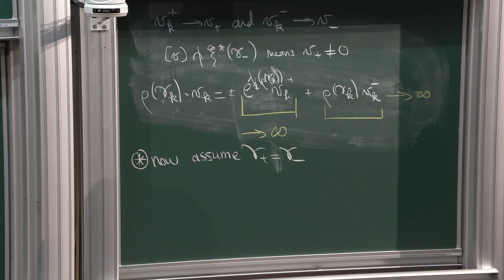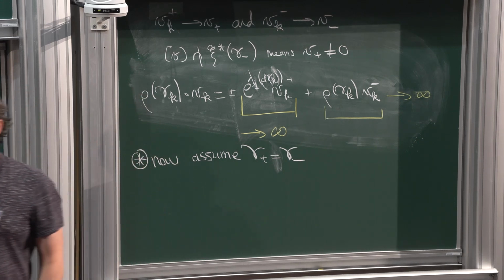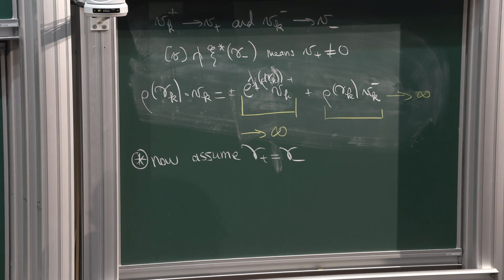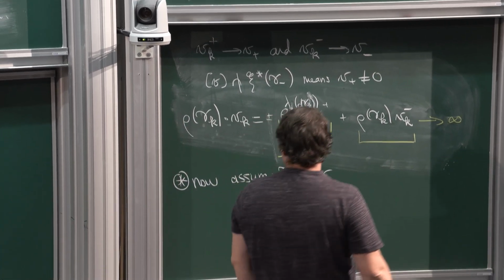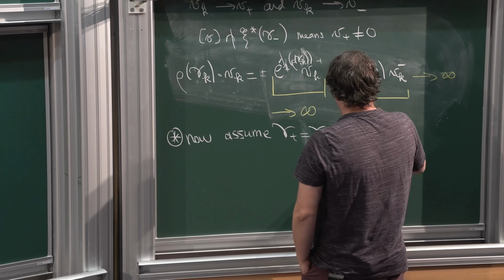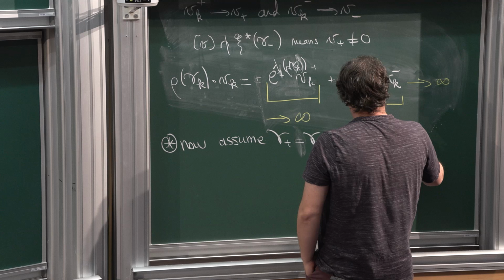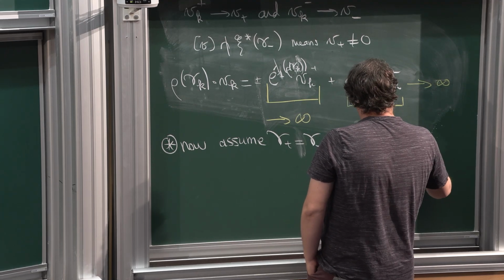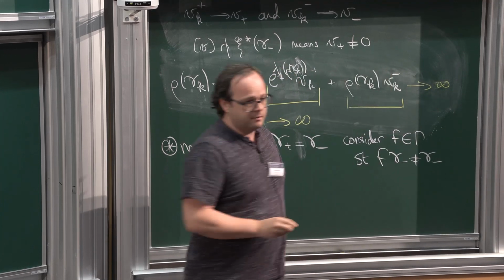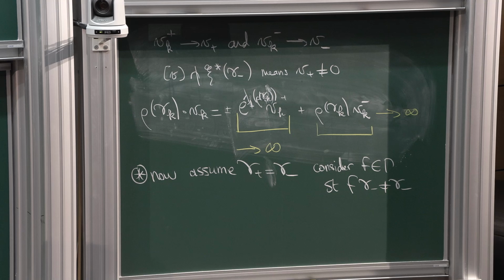But here you can do something much simpler. I'm pretty sure there are a lot of instances in this study of Anosov representations where, because the group is hyperbolic, a lot of things are easier. We're just going to change our sequence by considering the element f in gamma such that f acting on gamma minus is different from gamma minus.